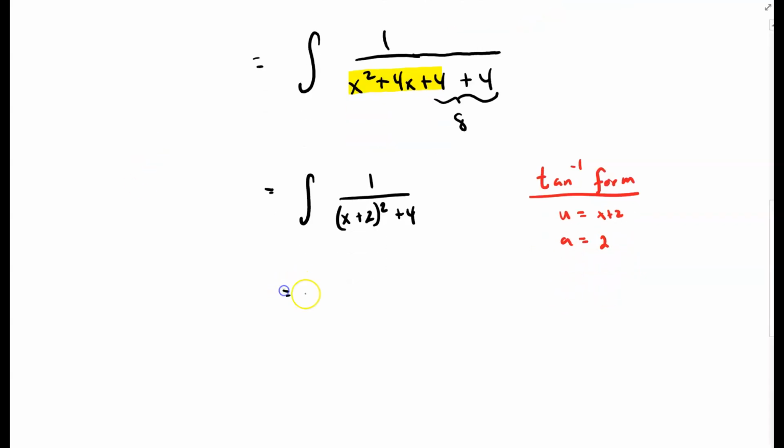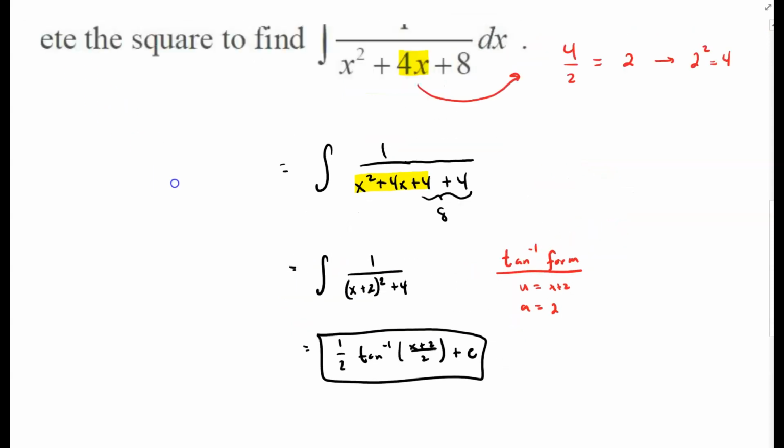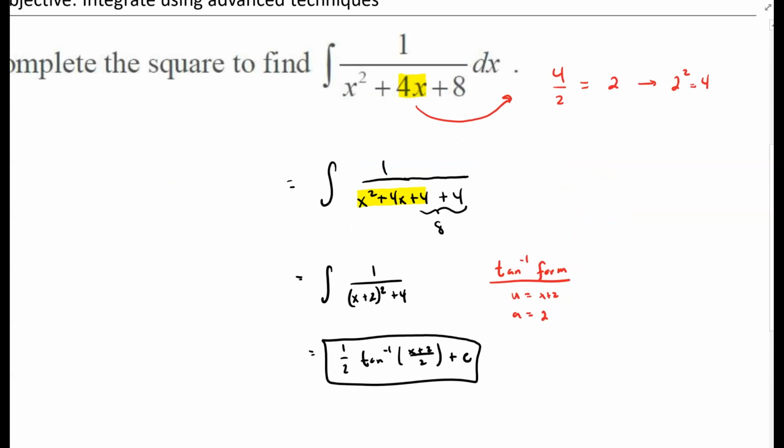So this will give us 1/2 tan inverse of x plus 2 over 2 plus our constant. And we're done. So that is involving completing the square.